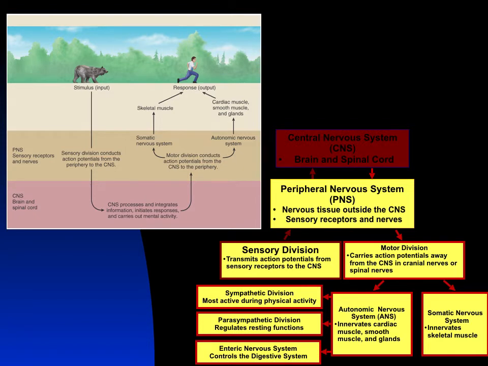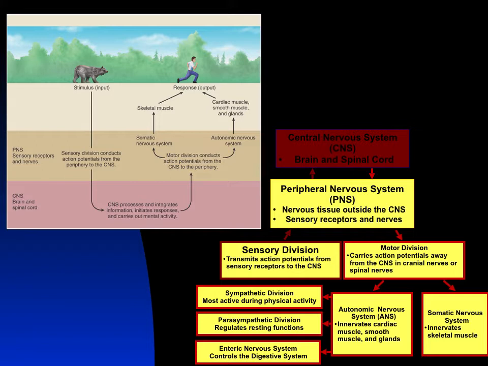In the autonomic nervous system, this carries impulses from the central nervous system via autonomic nerves, and these are nerves that are going to innervate cardiac muscle, smooth muscle, and glands. These are under control of involuntary areas of the central nervous system, areas like the hypothalamus and the brainstem.